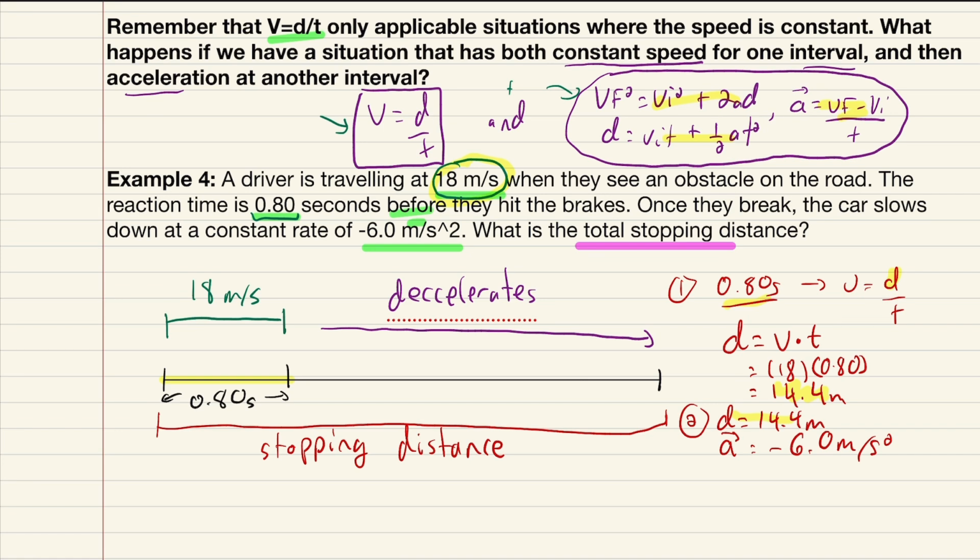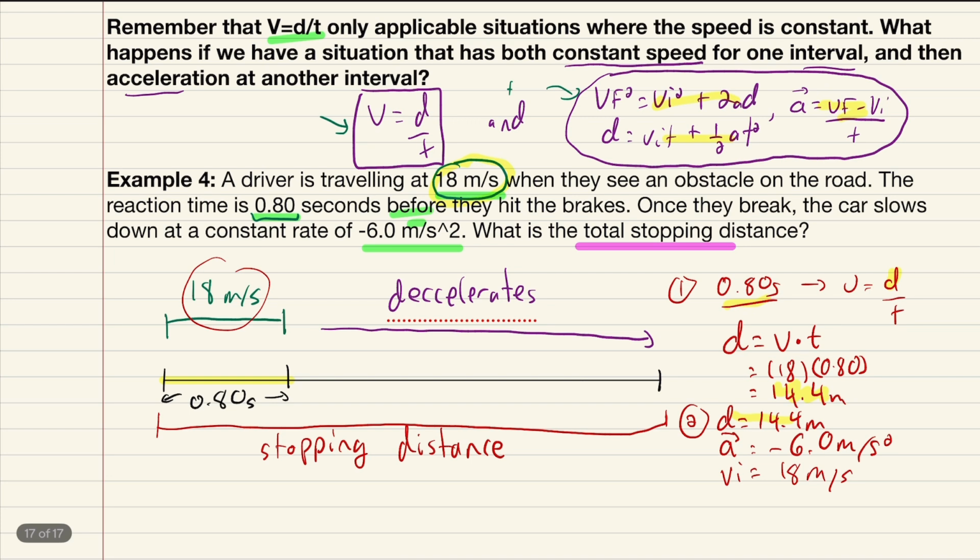And we have an initial speed of 18 meters per second, right? That's how fast it was originally going, right over here. And we know what the final speed is. And people say, well, how do I know what the final speed is? Well, we know what the final speed is because it's going to stop, right? Once it brakes, its speed is going to be 0. So we're going to write our VF here is equal to 0.